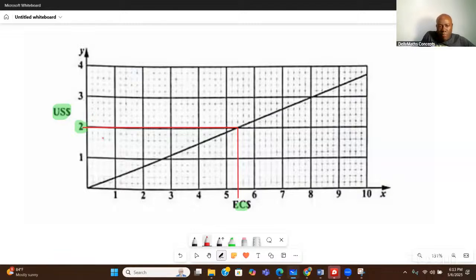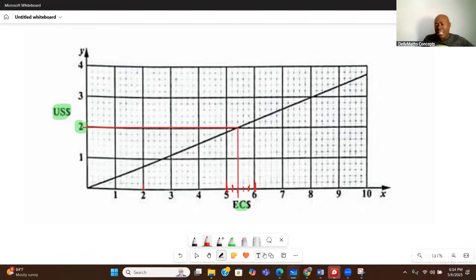Between these two spots here, between 5 and 6, that's 1 unit. You could definitely see that we're counting by 0.2. So 0.2, 0.4, 0.6, 0.8. So we're talking about 5.2, 5.4. So I'm getting 5.4 right here for this one. So this one is definitely 5.4.